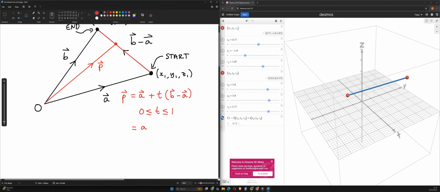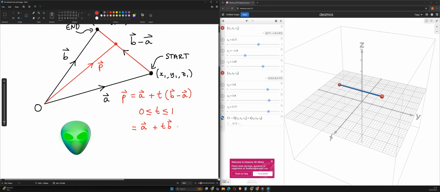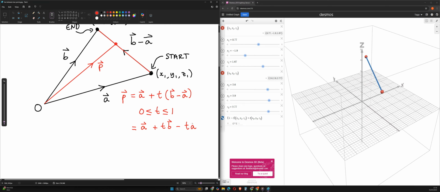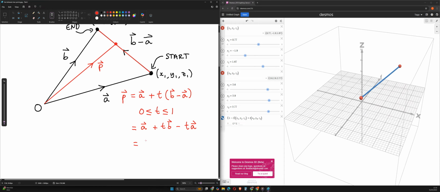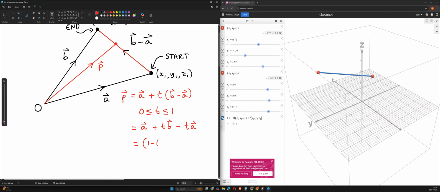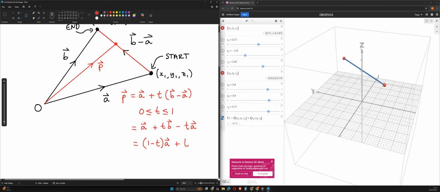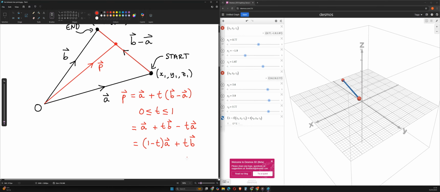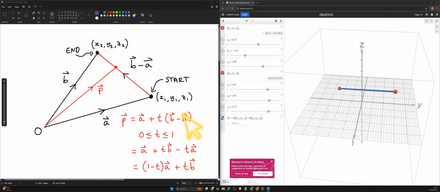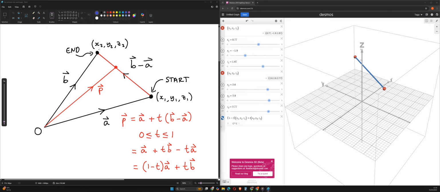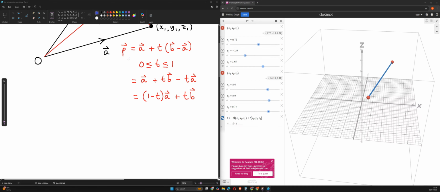It's the same as A plus t multiplied by B minus t multiplied by A. And when we factorize, we get 1 minus t multiplied by A plus t multiplied by B. Since the vector A is x1, y1, z1, and the vector B is x2, y2, z2, we can transform this equation over here once again.